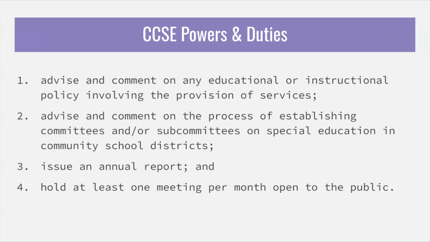They're also supposed to advise and comment on the process of establishing committees and/or subcommittees on special education in community school districts. CCSE is also supposed to issue an annual report and hold at least 1 meeting per month open to the public. That's it, 4 relatively short paragraphs.